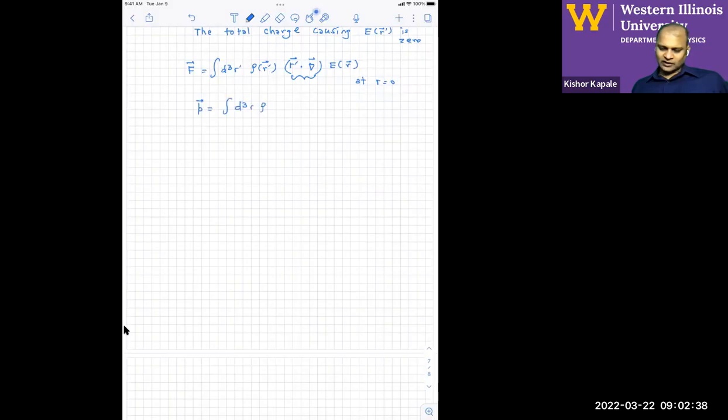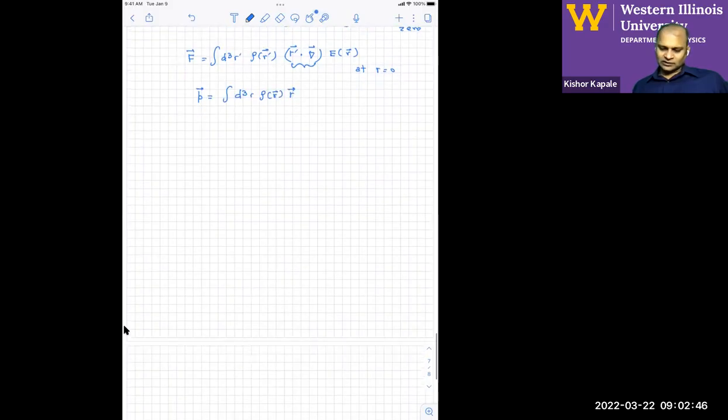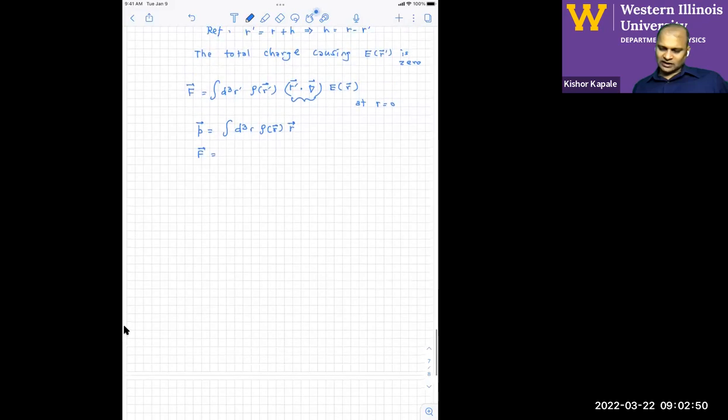The dipole is defined as the volume integral of the charge distribution multiplied by the position coordinate itself, right? And so if you look at F, because of this r prime and the gradient, remember the gradient here is with respect to the r coordinate, and the integral is with respect to the r prime coordinate. So you can interchange the order.